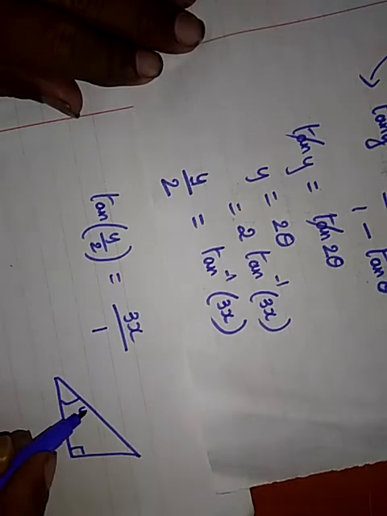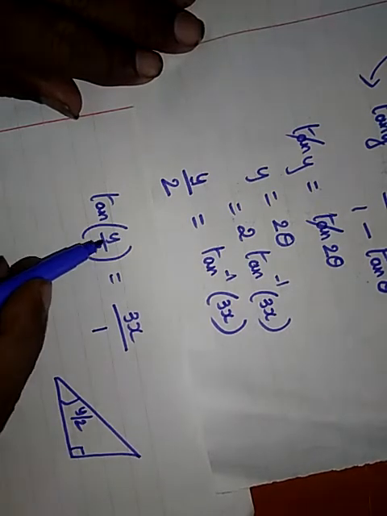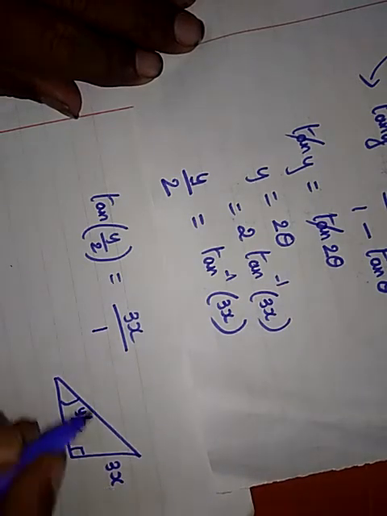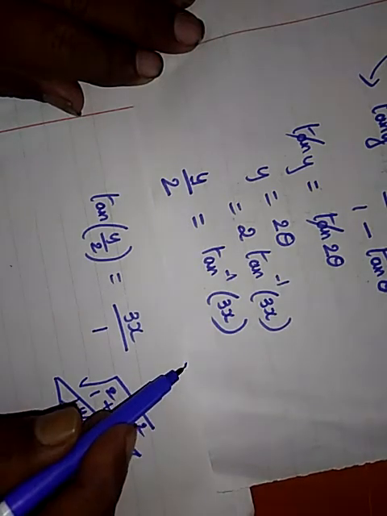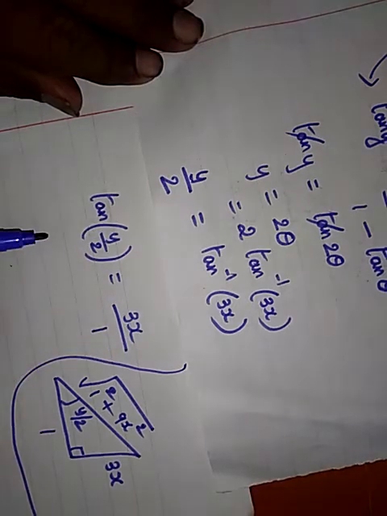This angle is y by 2. So tan y by 2, opposite side is 3x. Adjacent side is 1. Okay. Therefore hypotenuse is the square root of 1 squared plus 3x squared, that is 1 plus 9x square under root. So this is the information we have from this relation.